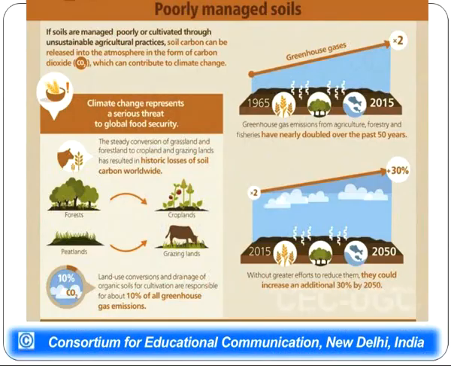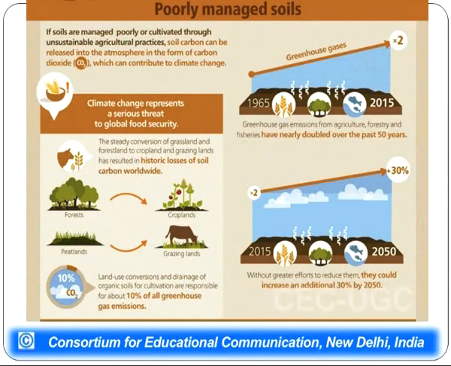We have different types of land use systems: forest, pasture land, crop land, grazing lands, and land use conversion and drainage of organic soil for cultivation are responsible for about 10% of the greenhouse gas emission. So, here through this diagram you can understand that since 1965 the greenhouse gas emission from agriculture, forestry and fishery have nearly doubled over the past 50 years.